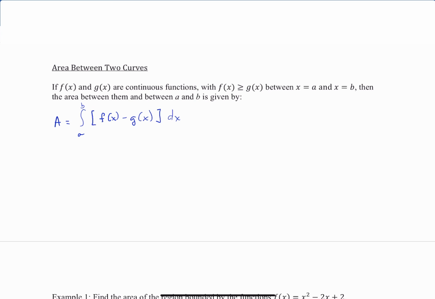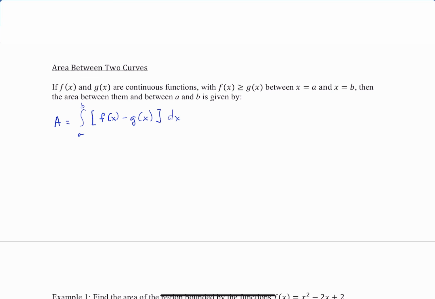And I really want to emphasize that the names f and g don't really mean anything. In other words, in a problem that you're doing in the homework, you can't assume that f comes first just because it's named f. You have to have the curve that's on top coming first.